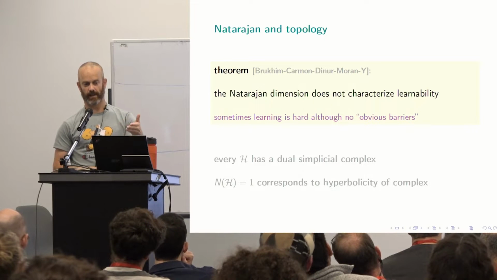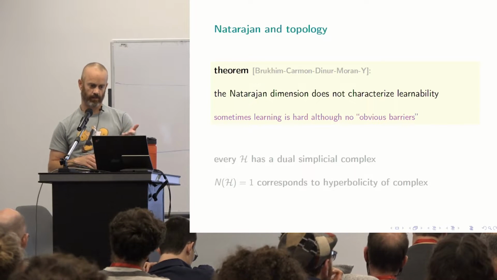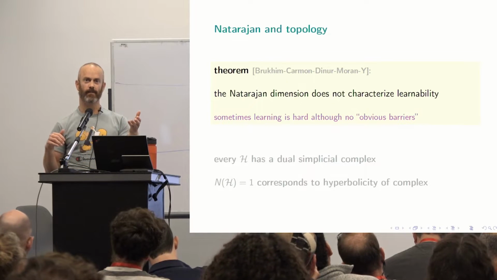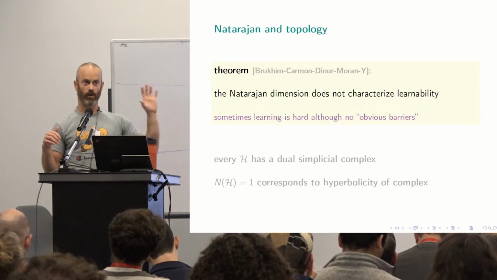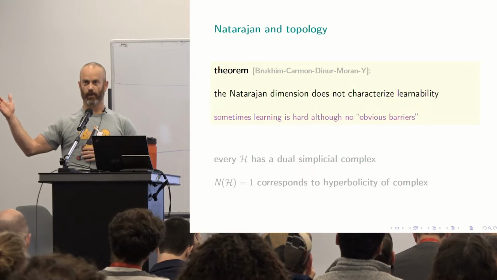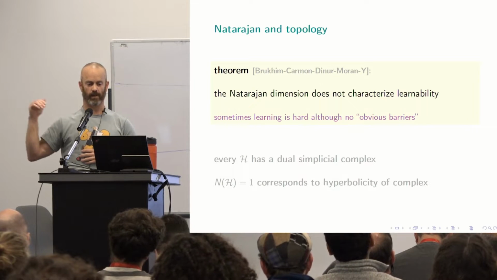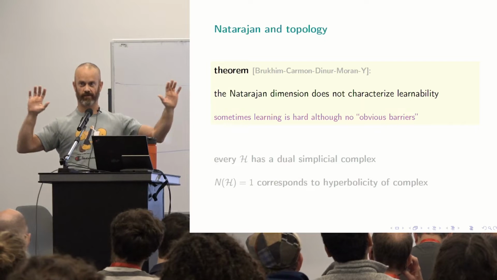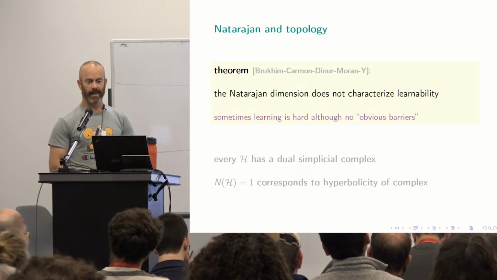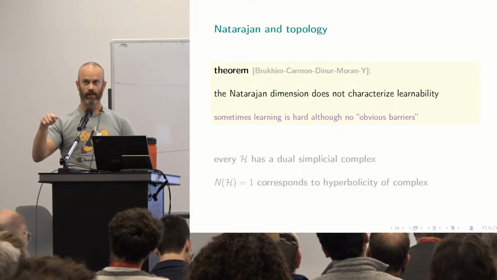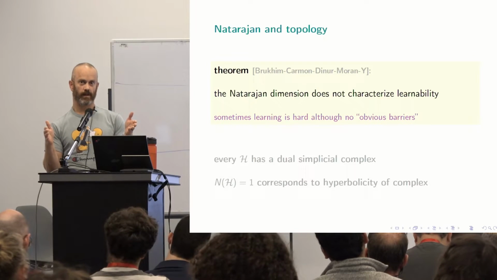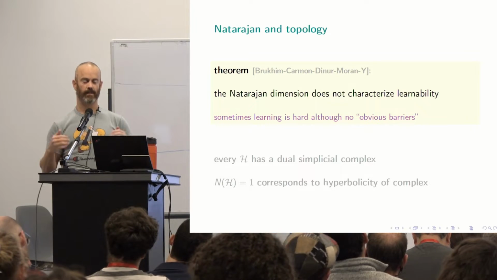Part of what came up here is that there is a very general connection between concept classes, which is a very abstract thing, and topology, simplicial complexes. The Natarajan dimension being 1, a property that we saw before, tells us that the dimension is as small as it can be.